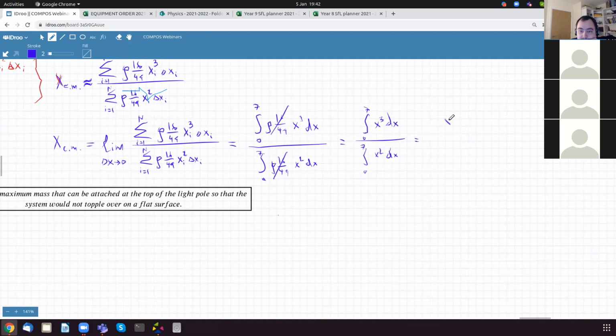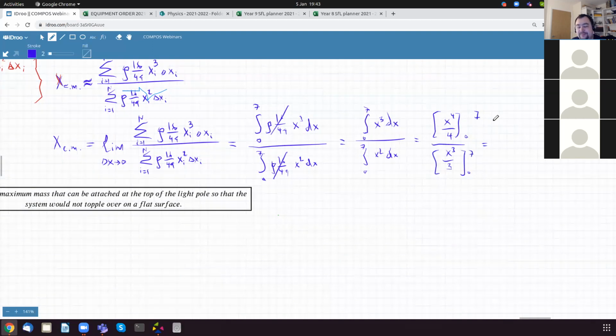So it's going to be x to the power 4 over 4 divided by x to the power 3 over 3, between limits 0 and 7. Technically, I should say this is from 0 to 7 and this is from 0 to 7.